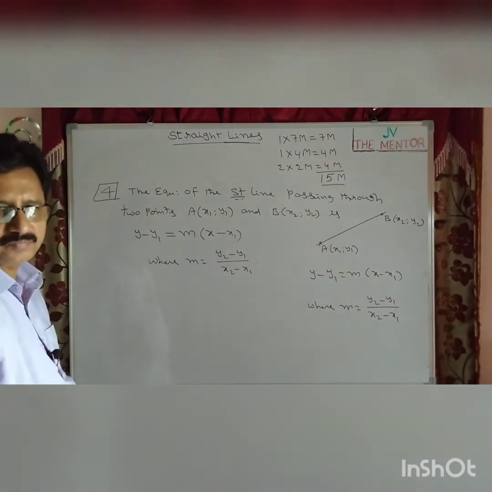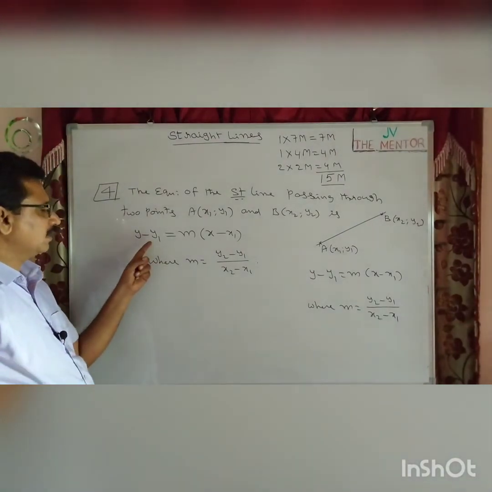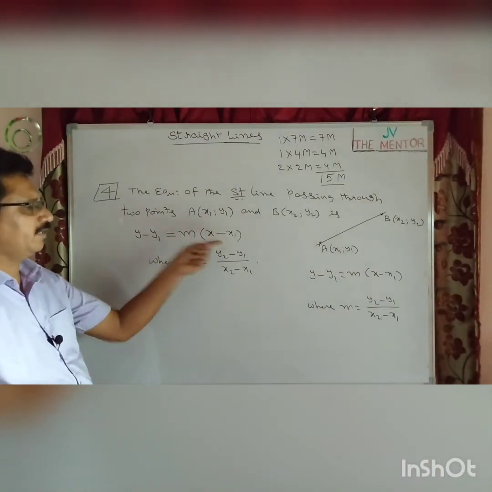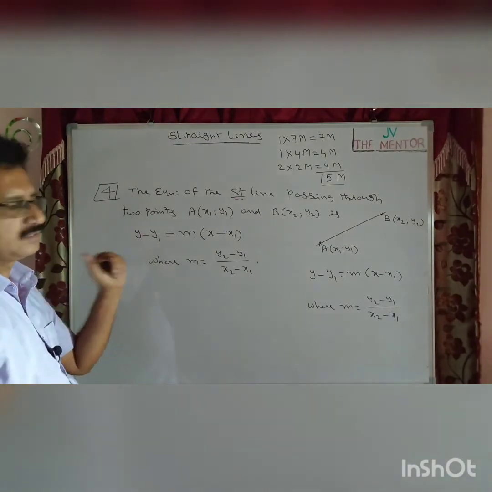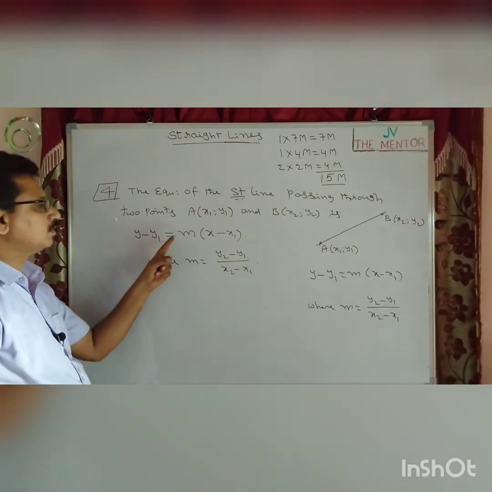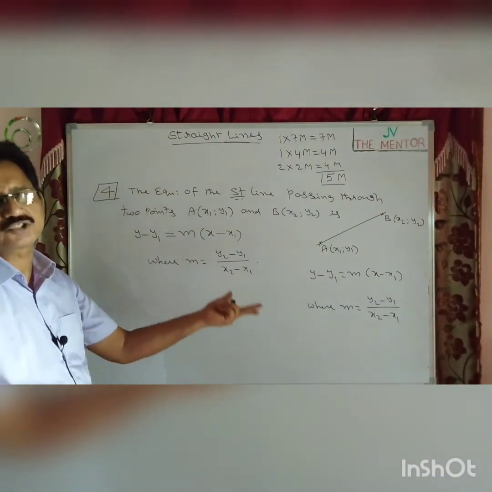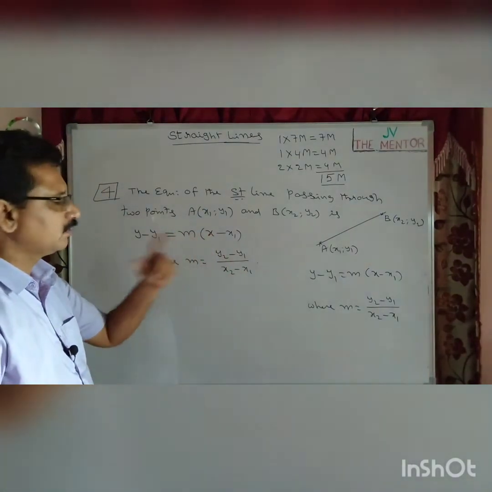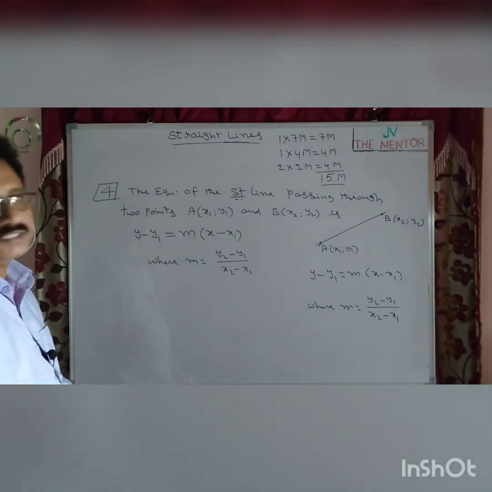Okay no? Here y minus y1 equal to m into x minus x1 can also be written as y minus y2 equal to m into x minus x2, where m equal to y2 minus y1 by x2 minus x1.